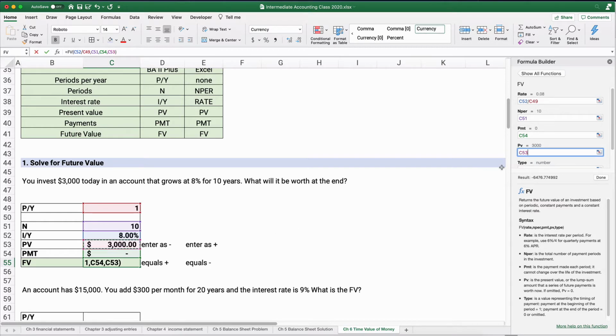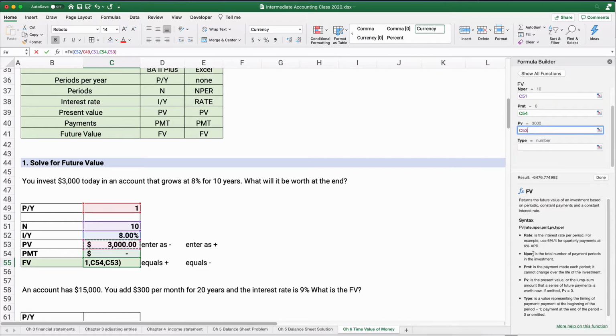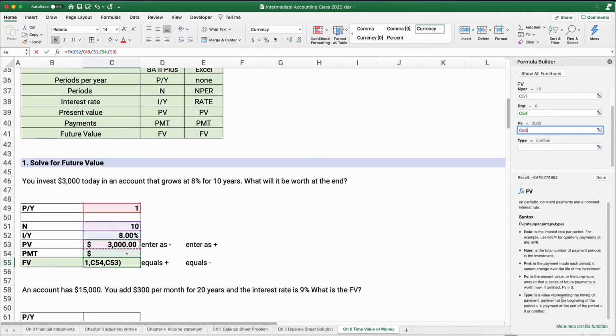Now remember, we made 3,000 positive. Now we have one thing that says type. Type is the payment at the beginning of the period or the payment at the end of the period. Well, there's no payment, so it doesn't really matter. We're going to assume the payment is the end of the period, so we put 0. If we omit it, it assumes 0. So the answer comes out to be negative 64.76.